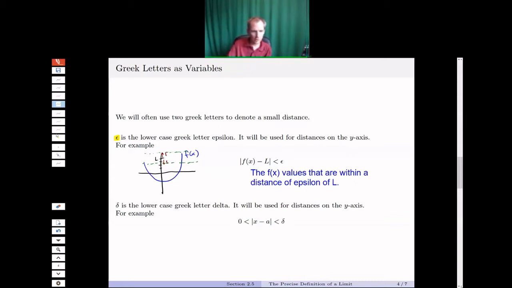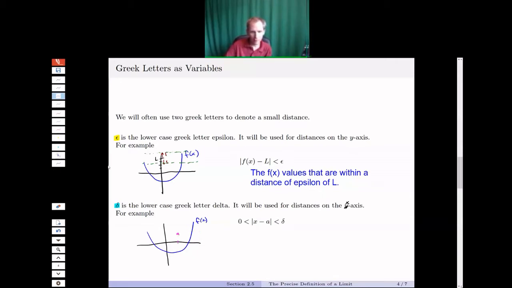Delta is a lowercase Greek letter that we're going to use for distances on the x-axis. So if I have a similar looking graph here, and I have some a value on the graph, suppose a is over here.